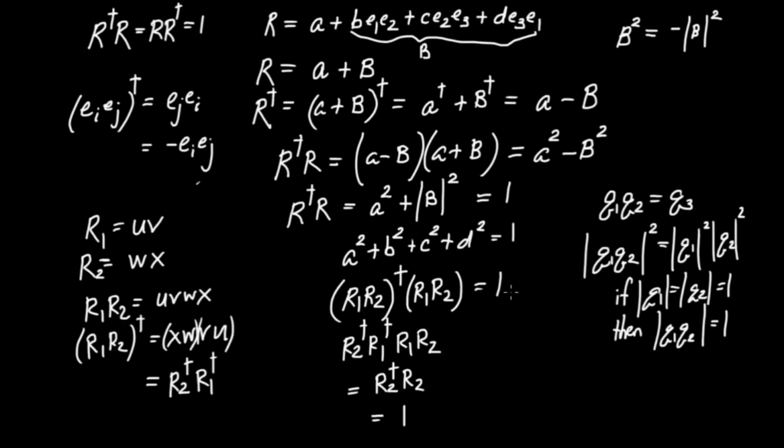So this is indeed confirmed. That is to say that the rotors of themselves form a group. They're closed. They have the associative property; they inherit that from the higher algebra. They have the identity, which is just 1. 1 is also a rotor. And they have an inverse, which is just the dagger.